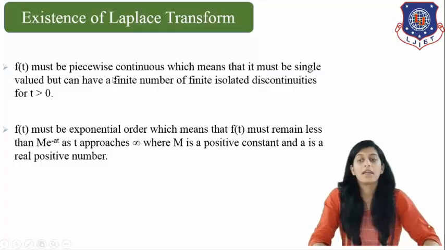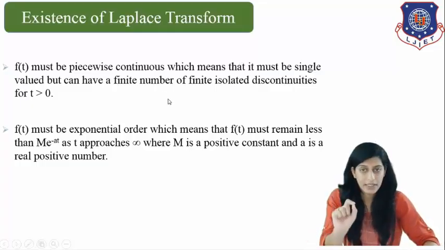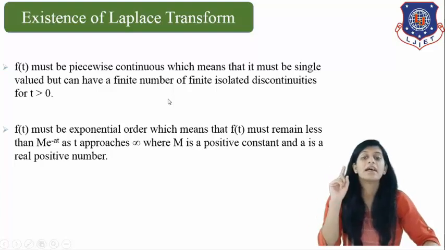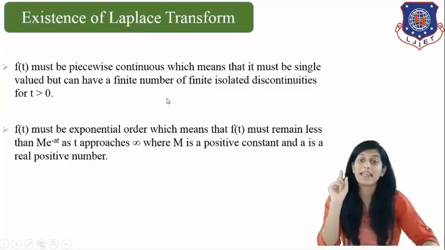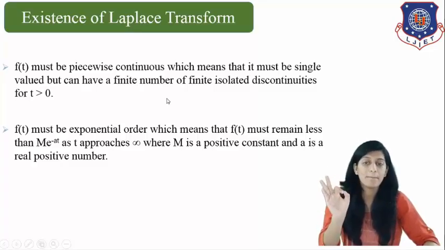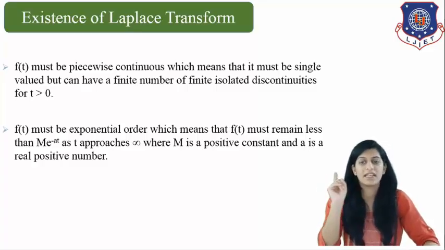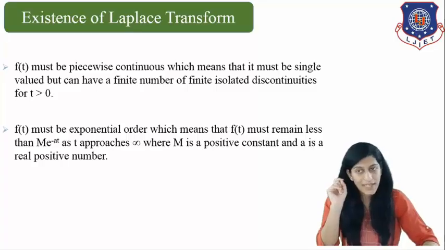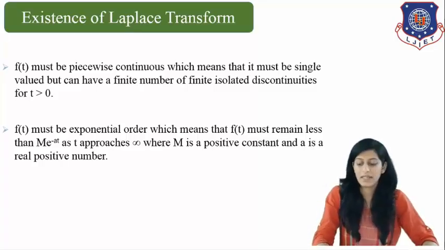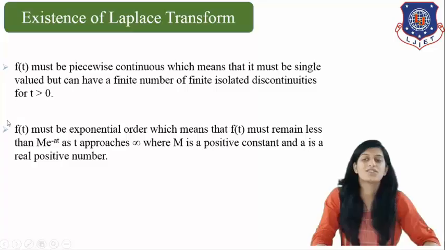Now, here f of t must be piecewise continuous, which means that it must be single valued, but it can have a finite number of isolated discontinuities for all the values of t which is greater than 0, right? This is quite important for existence of Laplace.